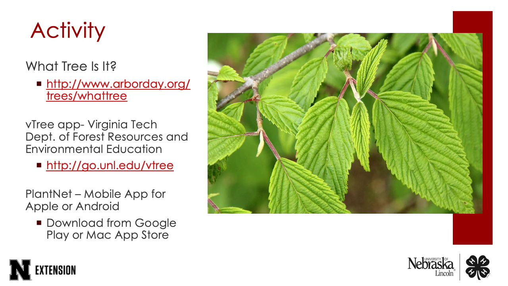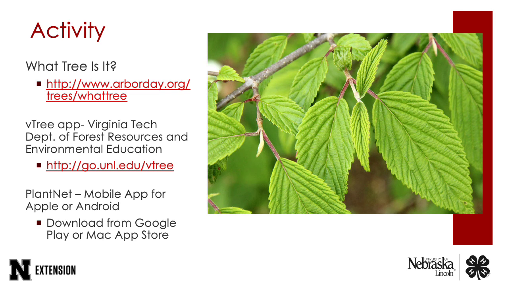All right, so I have an activity for you to work on, and there's a couple of different other web apps that you can check out. So the Arbor Day Foundation has created a really simple tree identification key that you can use, and you can find that at the link that you see here. And it will take you through a plant identification key based on, what is the shape of the leaf, does it have flowers, and so on.